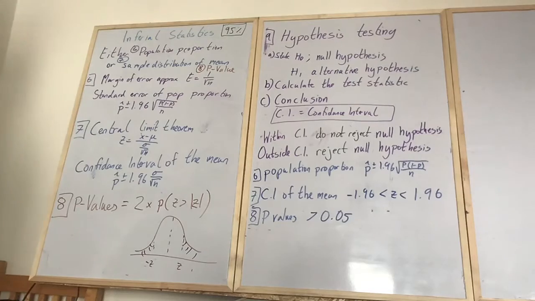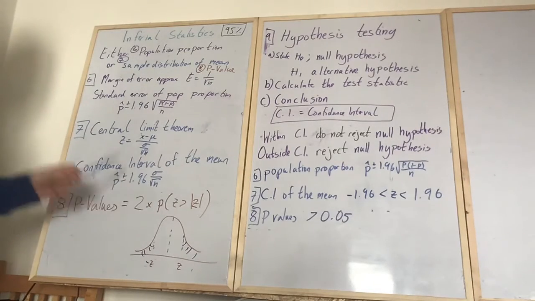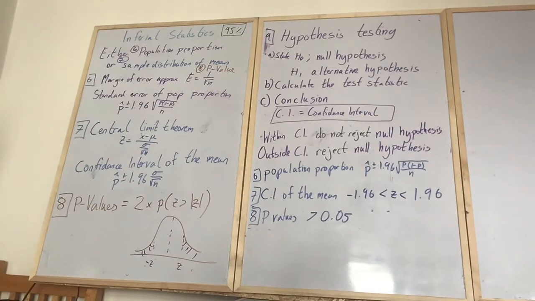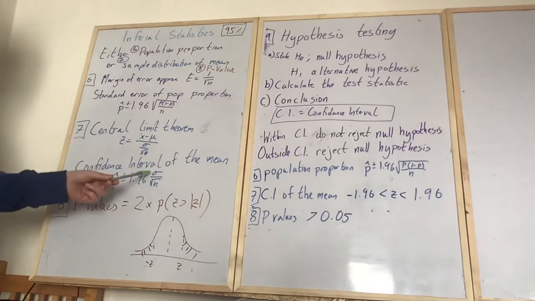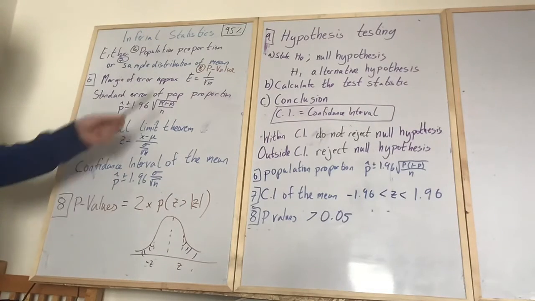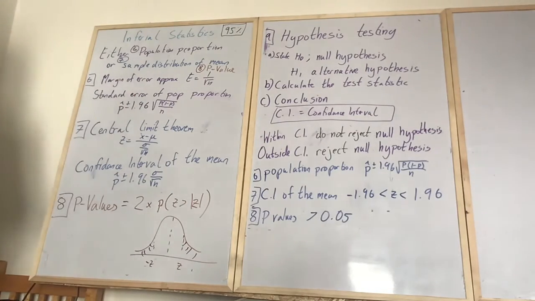The second formula you would have is the confidence interval of the mean, which is p hat plus or minus 1.96 times the standard deviation over the square root of n. As you can see with both of these formulas, 1.96 would be your z value to be 95% confident of the value.